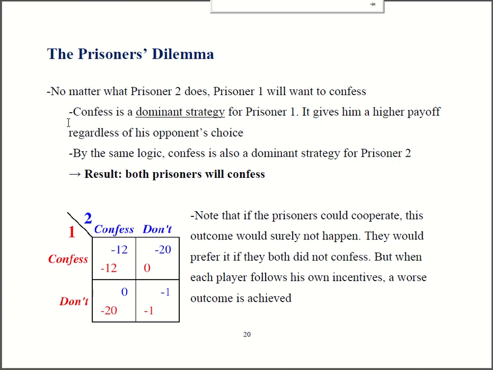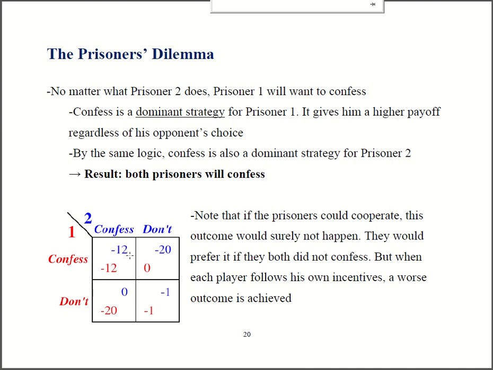So let us go through that in the table so you can understand how the table works. Let's say prisoner 2 thinks that the first prisoner is going to confess. So we're going to be in one of these two cells, this row in the table. So then if prisoner 2 also confesses, prisoner 2 gets negative 12, so 12 years in prison.